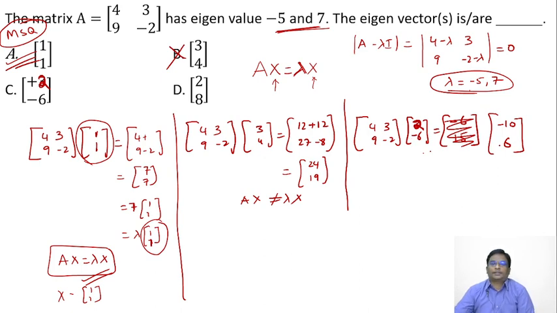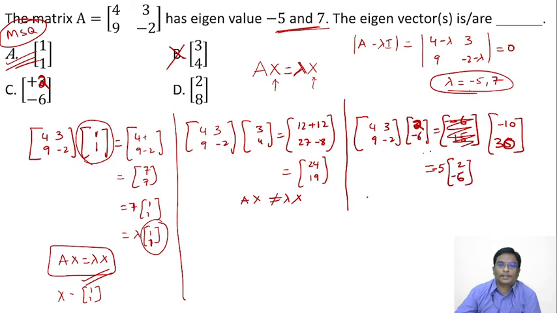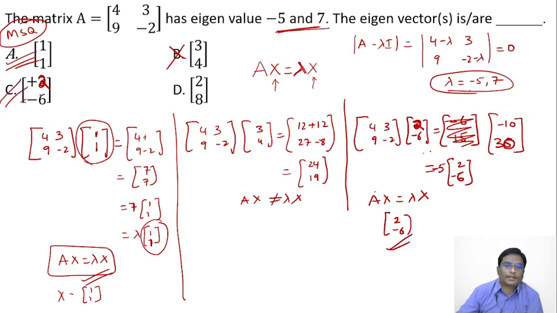Or if I take minus 5 common, it seems like (2, -6). Here also it seems like A into X equals lambda into X, and for this (2, -6), the lambda is minus 5 that we got here. This is satisfying. This is also right.